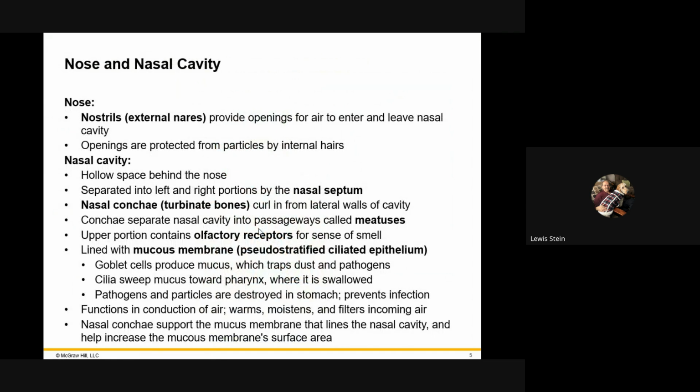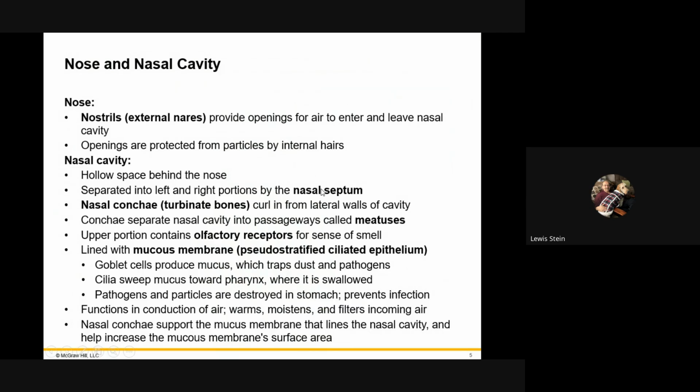I do not spend a lot of crazy time going over things that are fairly obvious. The nose has openings for air, and, to quote all the commercials you hear, it's your air filter. It has nose hairs, it warms the air, it moistens the air, all that good stuff. The nasal cavity is bigger than you think, and is divided by the nasal septum.